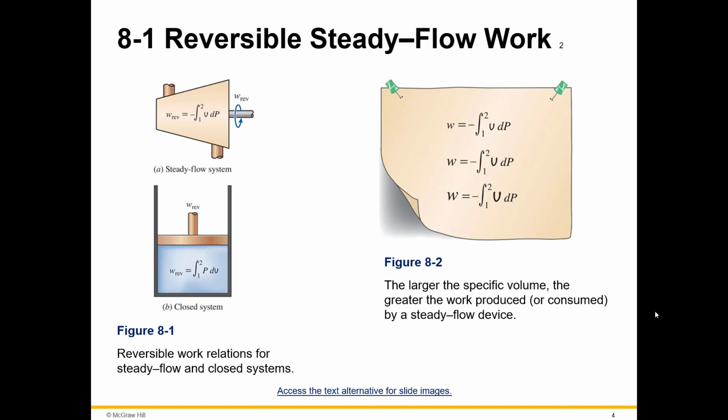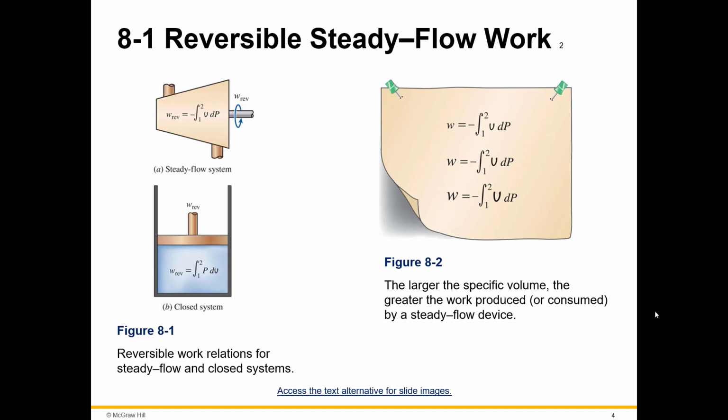So here's the reversible steady flow work, and you see this. Reversible work relations for steady flow and closed systems. And just a note, the larger the specific volume, the greater the work produced or consumed by a steady flow device. Of course, because think of it like a waterfall, right?